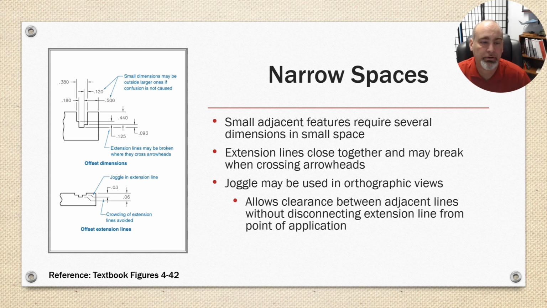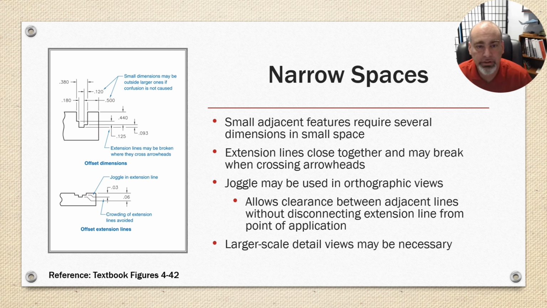So shown in the lower image, you've got a joggled extension line. And larger scale detail views may be necessary to avoid having to do this, or so that you can even see the difference on them. Later, I'm going to be talking about a different kind of joggle, but in this context, the word joggle is being used in reference to those extension lines in the offset extension line graphic on the left.